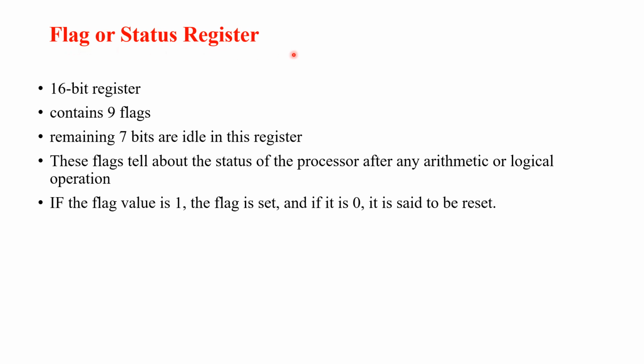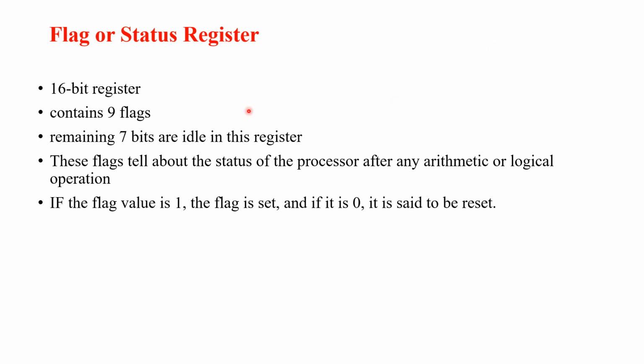Flag or status register is a critical component of the Intel 8086 microprocessor. It contains several individual flags that provide information about the status of the processor and the results of operations. The key features of flag or status register.